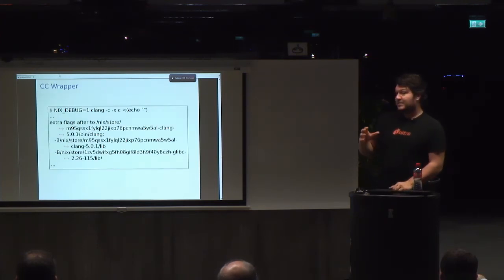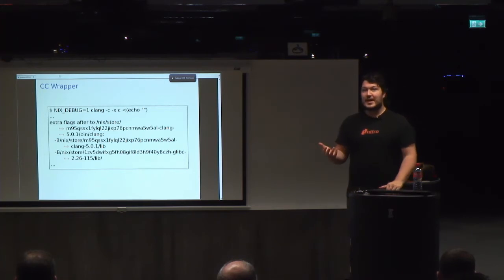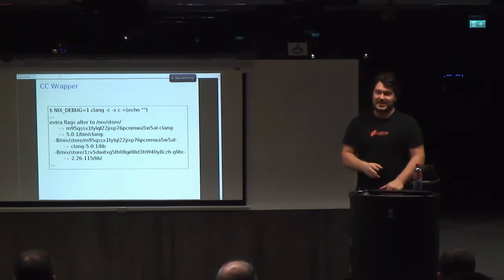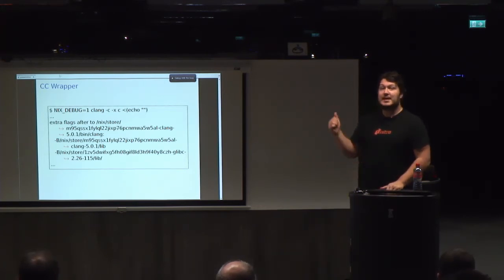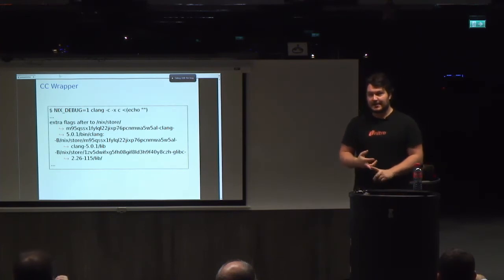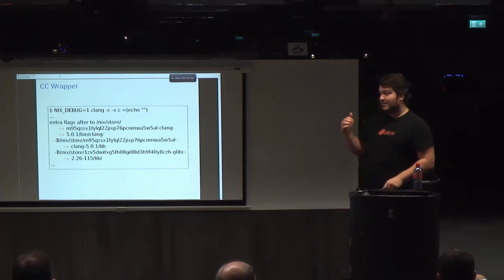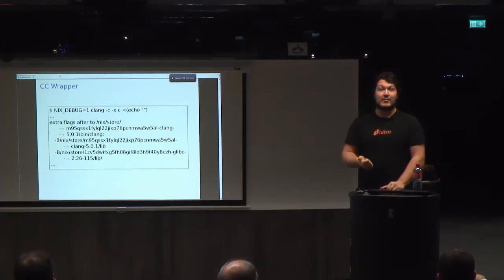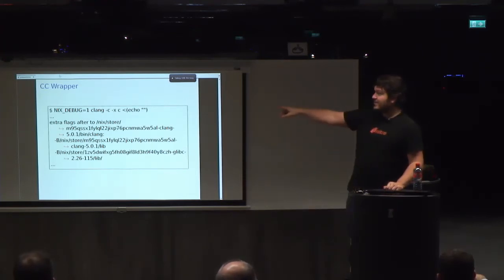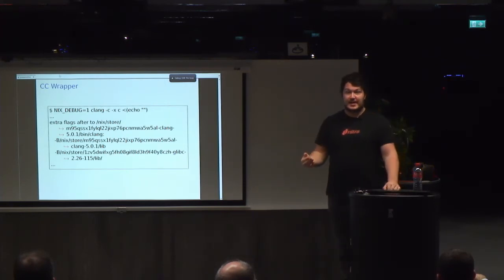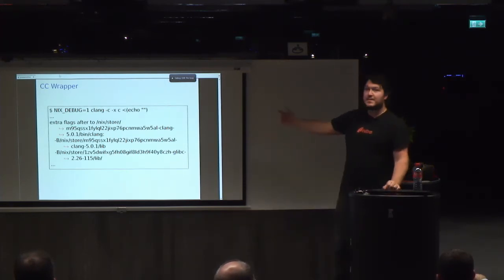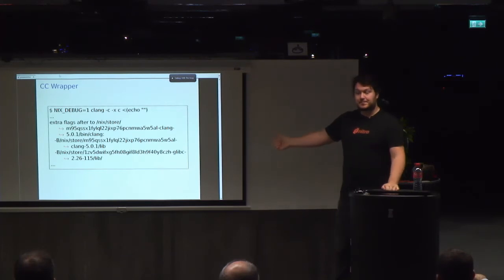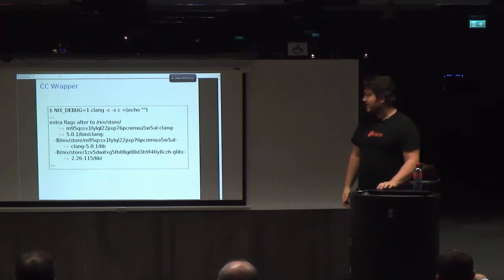And not only does Nix wrap these other packaging systems, it also wraps your C compilers. So all the examples I had above that use GCC or Clang were a bit fake because they called Clang wrapper and GCC wrapper, which if we pass a Nix debug environment variable, will list the extra flags that it adds. So in this case, it adds the flags to find the path to the standard libraries and system libraries.